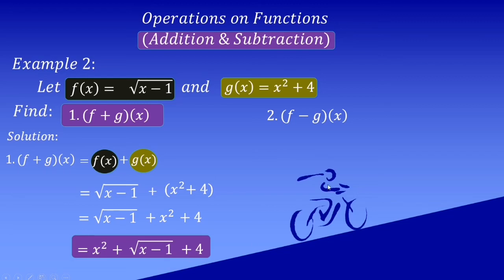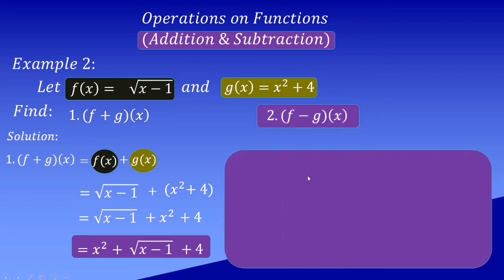For number 2, we can use the definition of the difference function, and this is equivalent to f of x minus g of x, or subtract g of x from f of x. Then again, f of x is equal to square root of x minus 1, minus g of x.